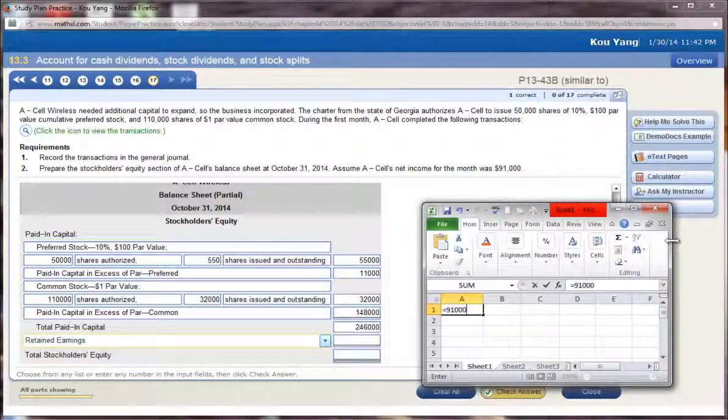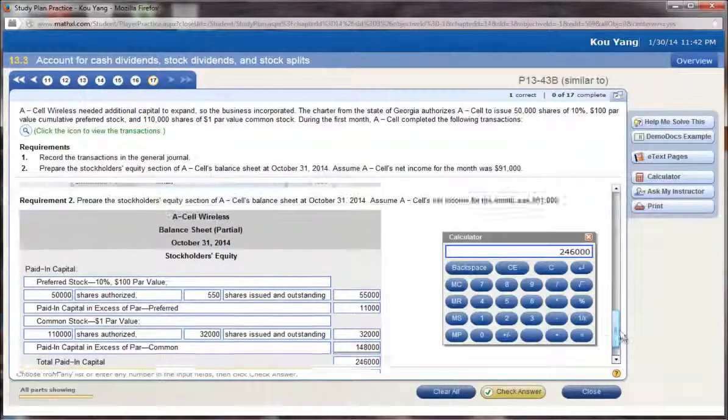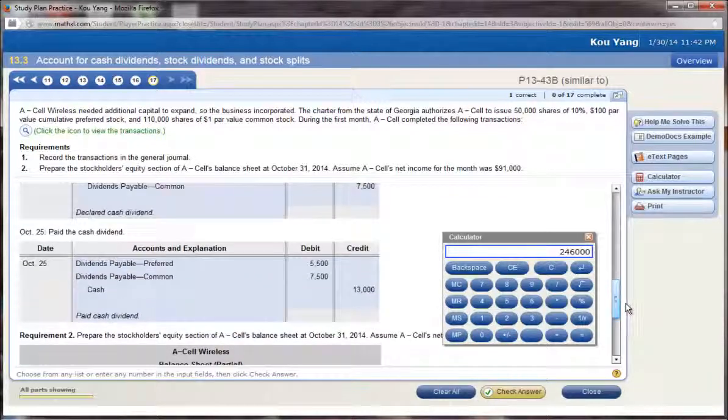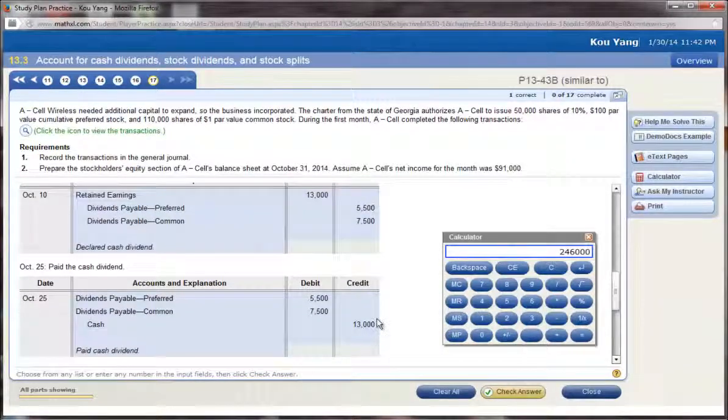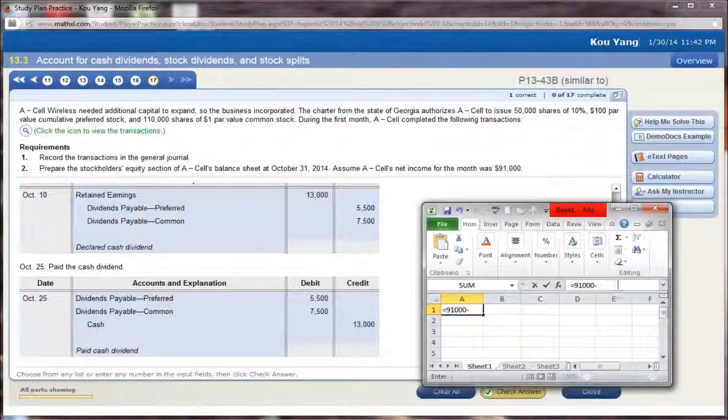And to calculate retained earnings, we have to go back and look at how much cash dividends we paid. So go back to our transactions, and we paid $13,000 in cash dividends. So to find my ending retained earnings, I'm going to subtract that. And my retained earnings should be 78,000.